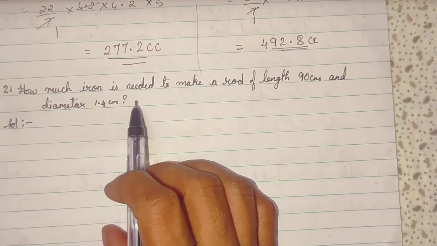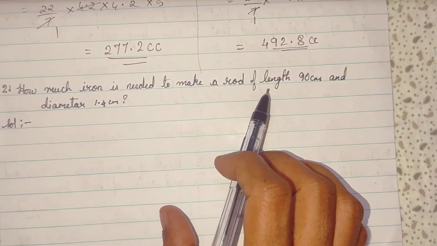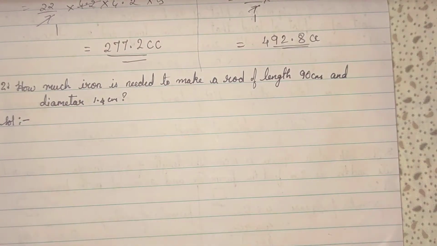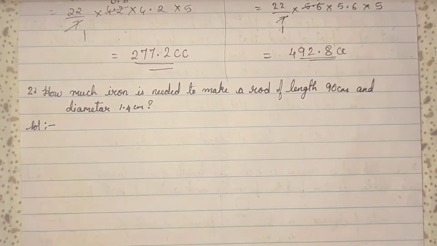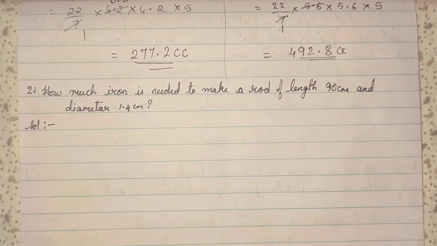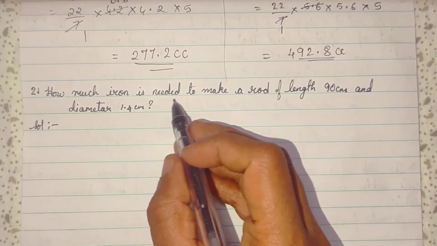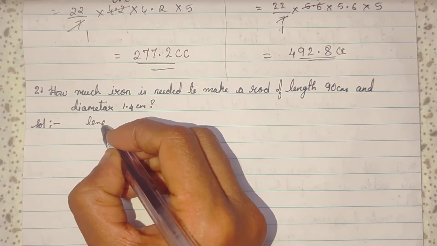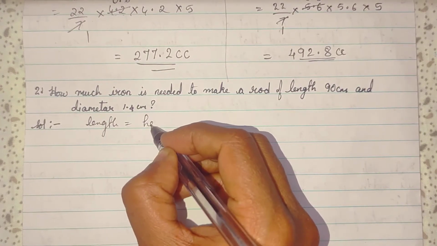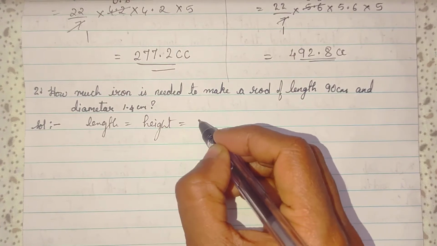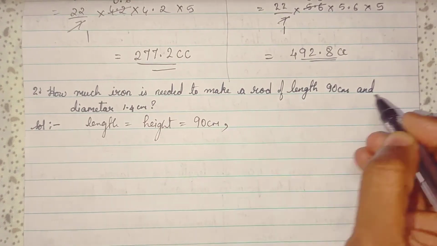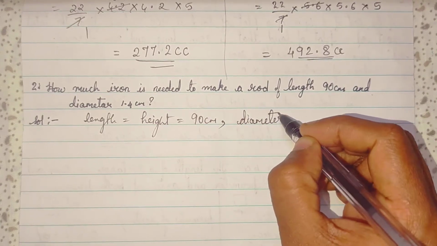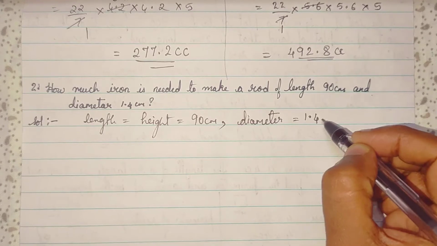How much iron is needed to make a rod of length 90 centimeter and diameter 1.4 centimeter? So here rod of length means height, equals to height, that is 90 centimeter, and diameter equals to 1.4.